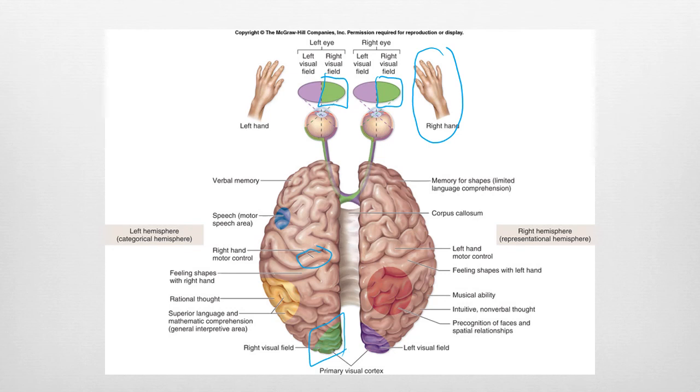And so here we can see the specifics of information being processed on the left side, the very specific patterned type of information, versus art and music and abstract types of things being processed on the right side of the brain.